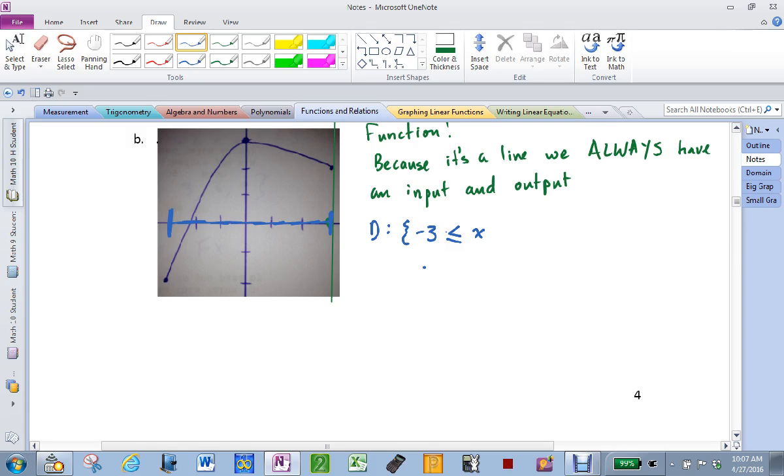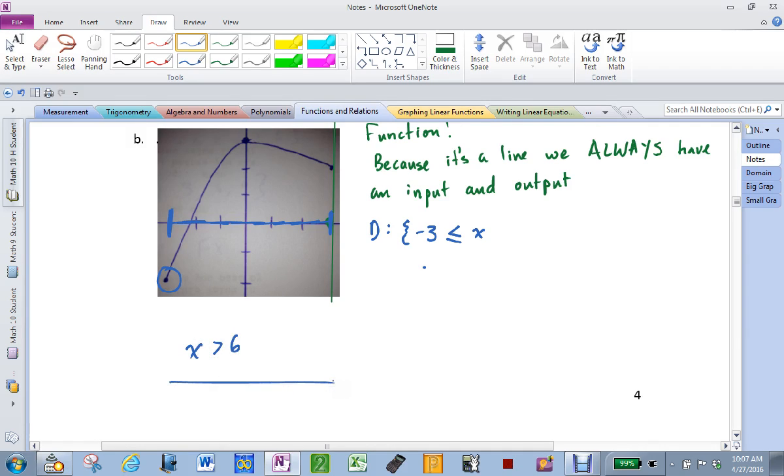It can be greater or equal. It can be negative 3. What's the tip-off that makes that negative 3? I'll tell you, it's a physical characteristic of that dot. What? Nope. It comes from grade 9. I'll remind you.